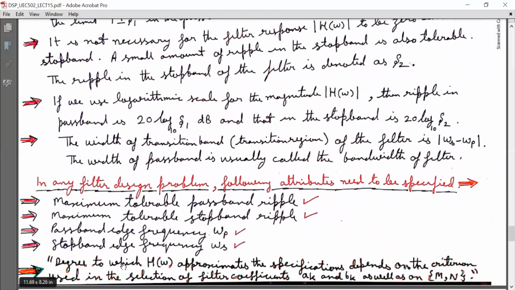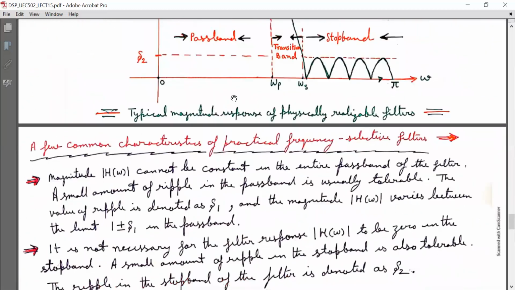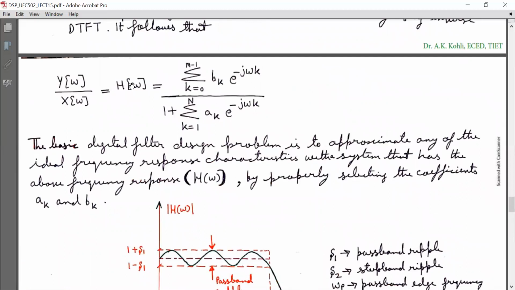The degree to which H(omega) approximates the specifications depends on the criterion used in the selection of filter coefficients a_k and b_k, as well as on M and N. What is M and what is N? I will justify it. Here we have seen that this is the response of an LTI system, and by this LTI system I am going to approximate the desired frequency response characteristics of the filter through the setting of b_k and a_k.